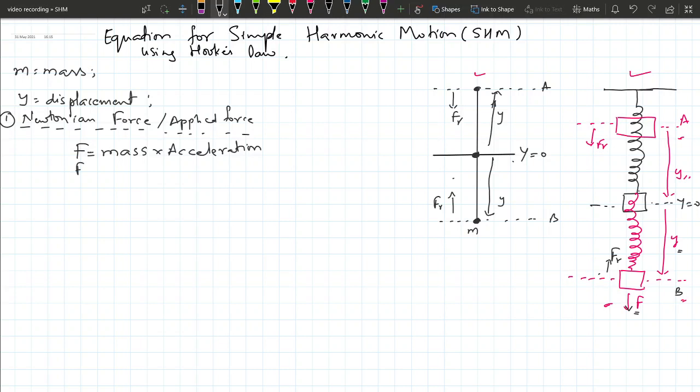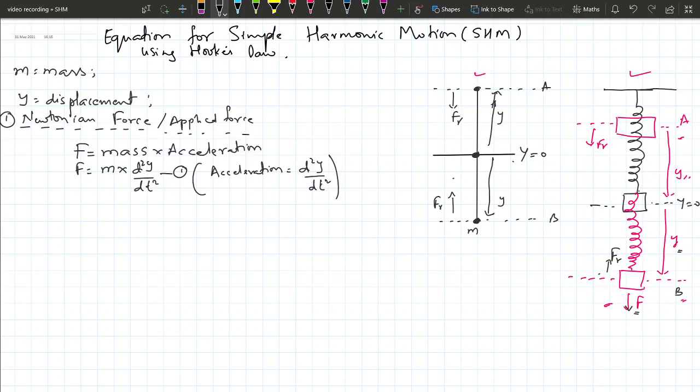I can write F equal to m, and acceleration as d2y by dt square. Why? Because I have taken the displacement y. If y is the displacement, then the acceleration of a particle is given by d2y by dt square. This I will take as equation number 1.